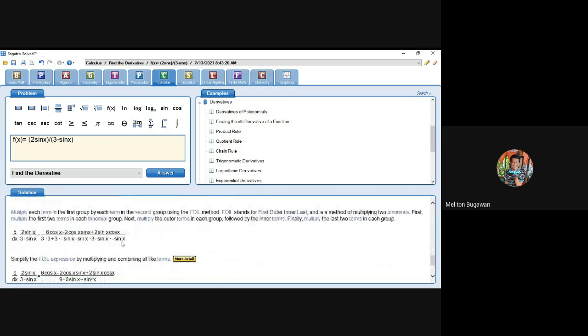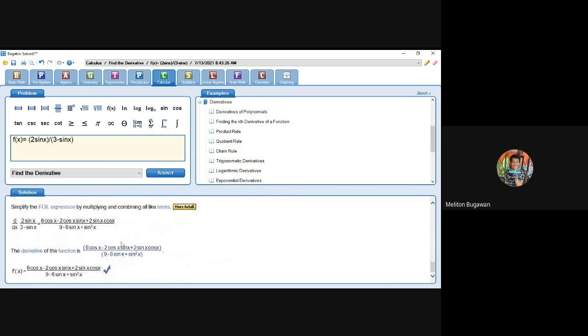So try to notice here, this is your complete solution. The derivative of the function is 6 cosine of x over the square of the denominator. So this is a derivative in quotient form.